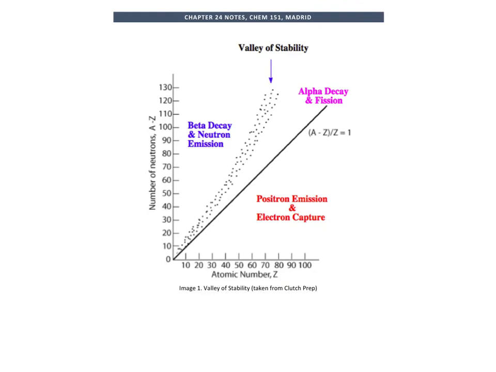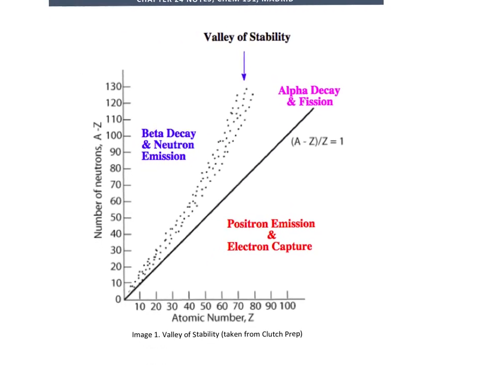This is referred to as the valley of stability. How this is laid out is on the x-axis, this is the number of protons a nuclide has, and this is the number of neutrons a nuclide has. And these little dots right here underline the type of nuclides that are stable, that are most likely to be stable.